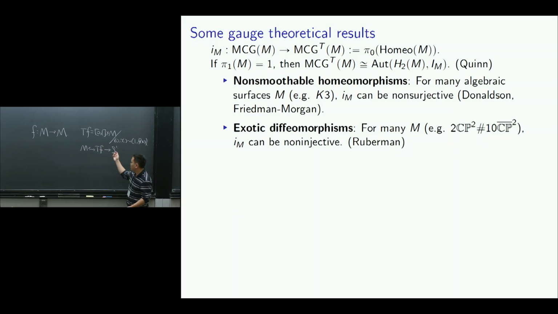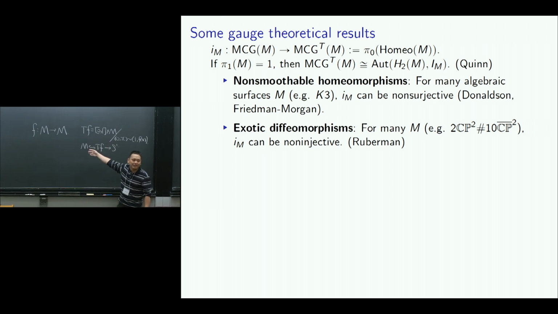If we have a diffeomorphism from M to itself, one thing we can do is form the mapping torus: take the product and quotient by identifying (0,x) with (1,f(x)). Then this is a fiber bundle over S^1. Gauge theory can be applied to this family setting.